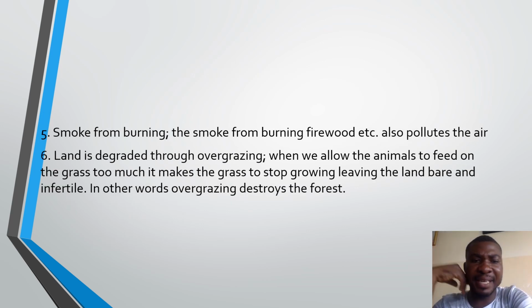Five, smoke from burning. When we burn things, the smoke destroys the air. It pollutes the air, and it is harmful to our health too. We are talking about smoke from burning firewood, sometimes for charcoal. They pollute the air. Sometimes too, there are overused tyres, waste tyres, car tyres.